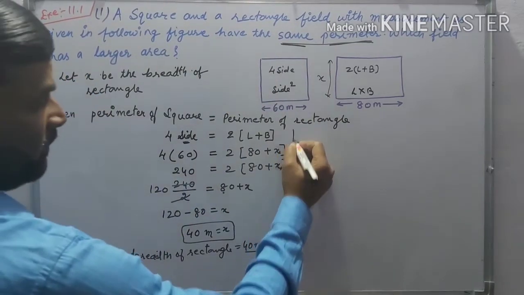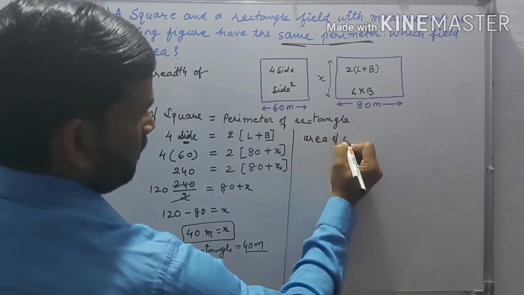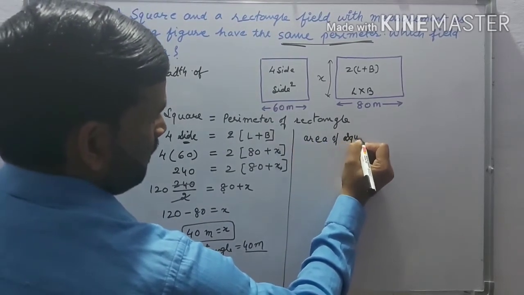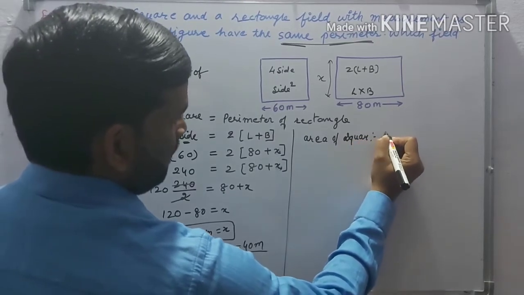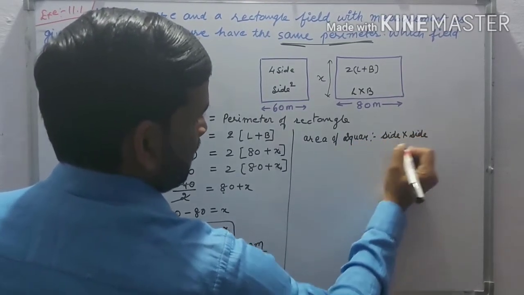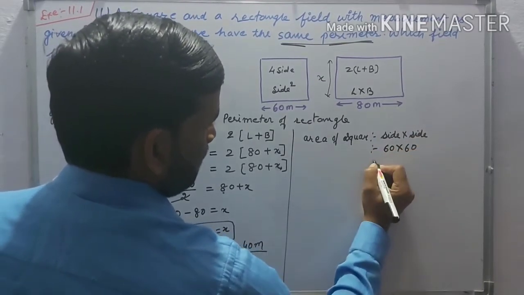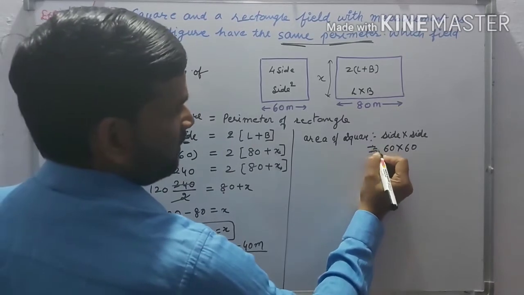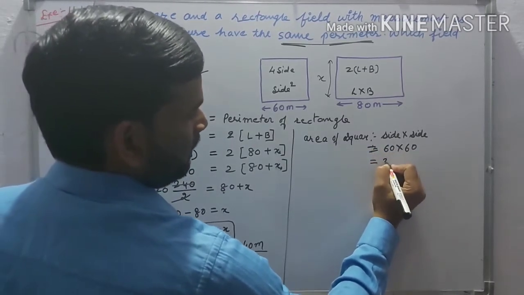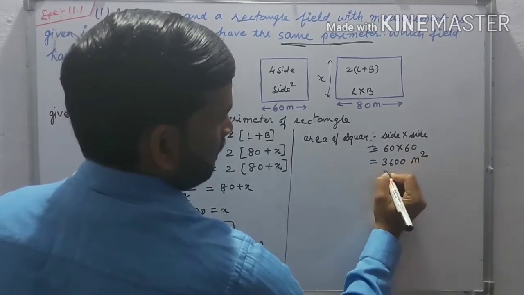So first we will find the area of the square. Area of square is side into side, which means 60 into 60, equal to 3600 meter square.